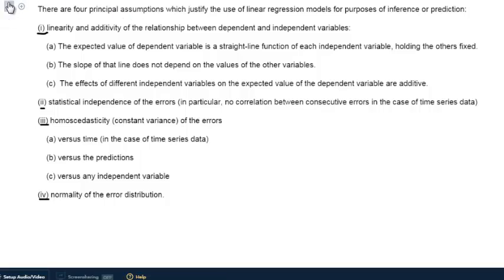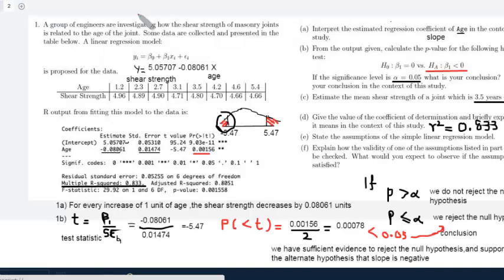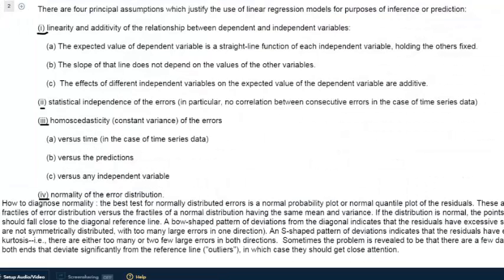I guess your question asks about only one type of assumption, so I'll answer that here. This is how to diagnose normality. We generally do it using a normal quantile plot or probability plot, and this is done by the statistical software itself. I'll give you the theory in a Word file also.